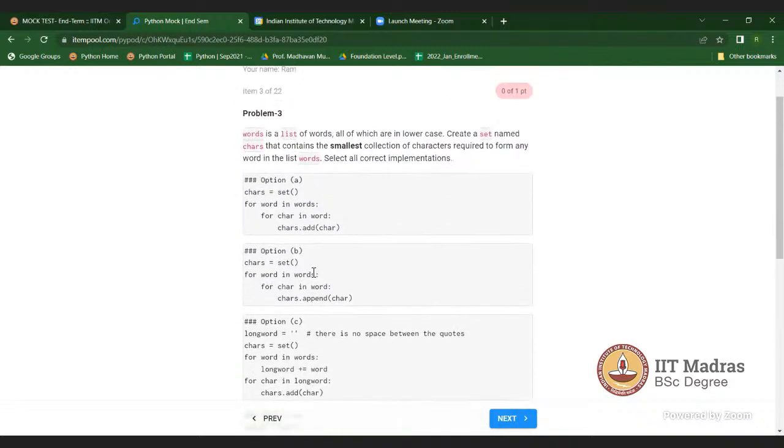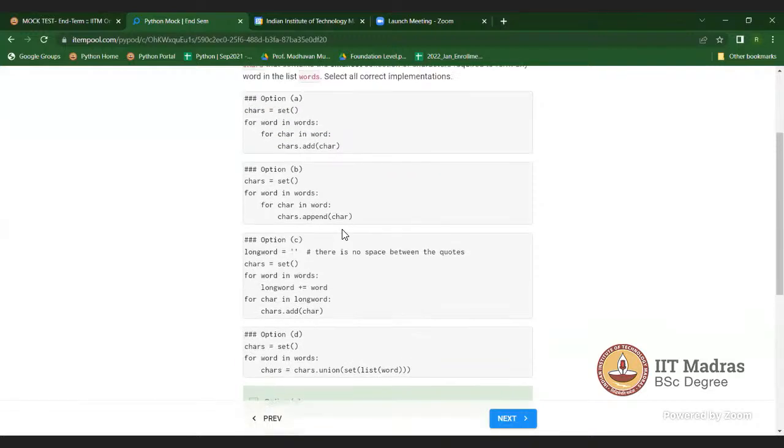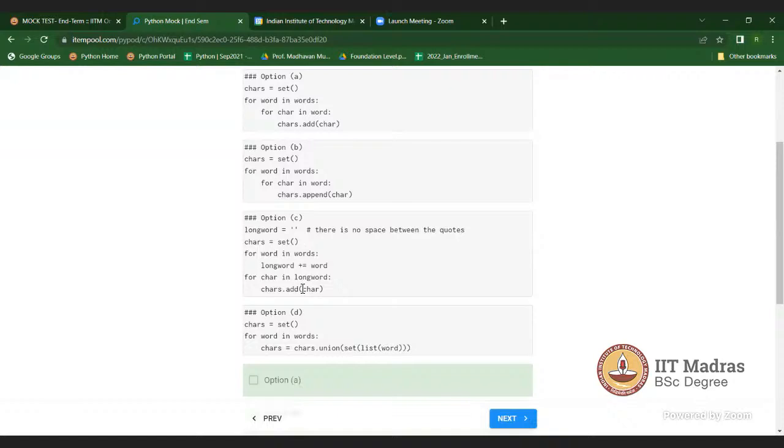So option A is basically the same as option C. Instead of looping through for word in words, we are just looping through the big word itself, which was formed using the same thing. So C is also correct.